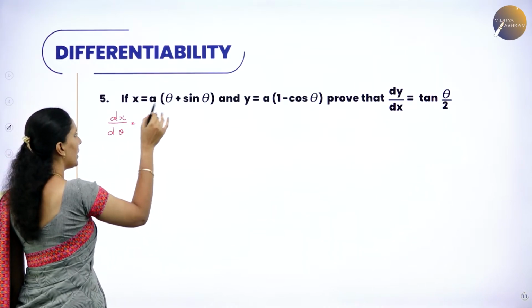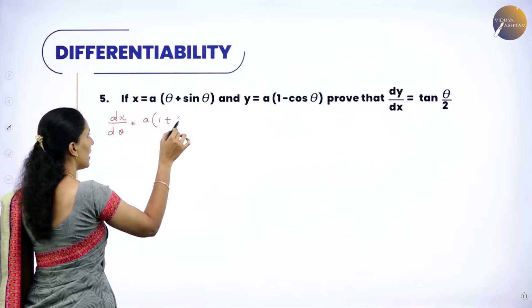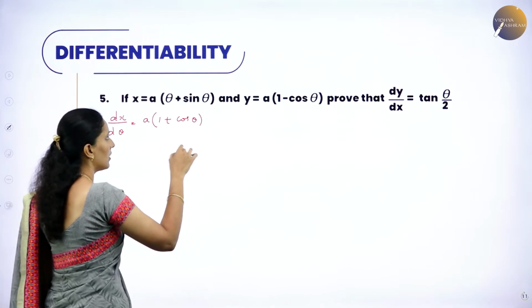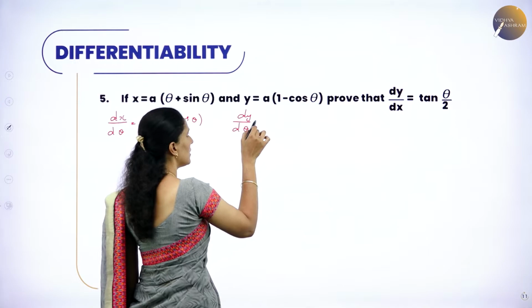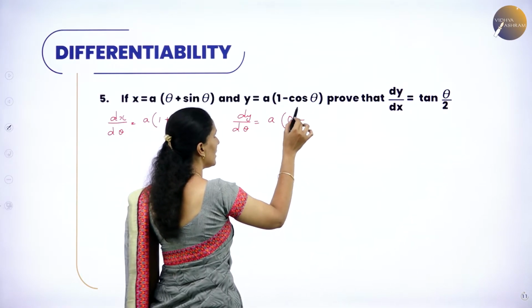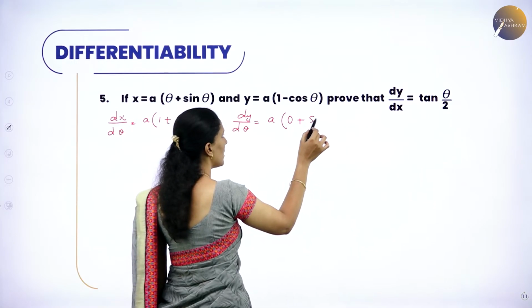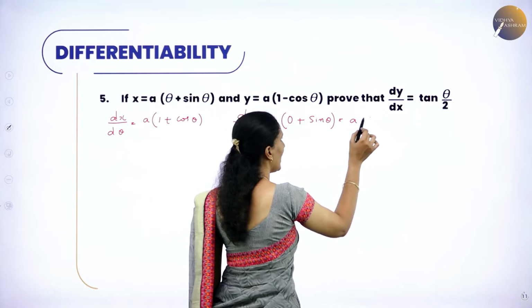When you differentiate theta with respect to theta, it is 1. And when you differentiate sin theta, it is cos theta. And here we take dy by d theta is equal to a, derivative of 1 becomes 0, minus cos theta is minus sin theta. So therefore it becomes a sin theta.